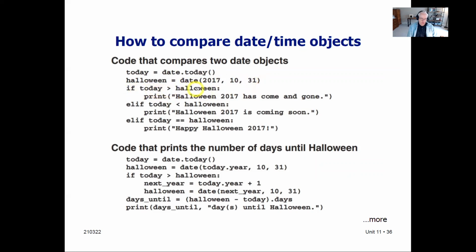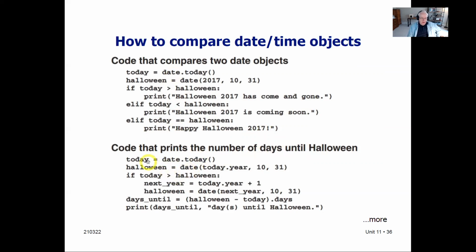So if today is greater than Halloween, print this. Else if today is less than Halloween, print this. Else if today is equal to Halloween, then this. So a quick little example of how to use a method to get today's date as an object, use a constructor to create another date to compare to, and then we use these comparison operators to figure that out.